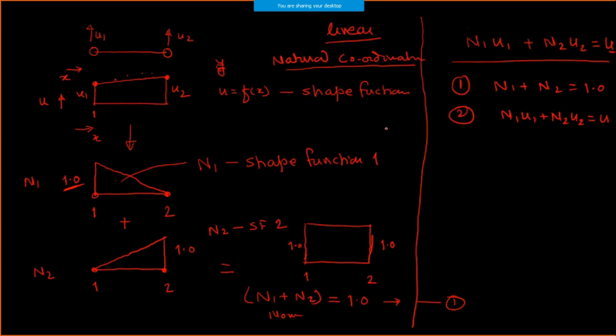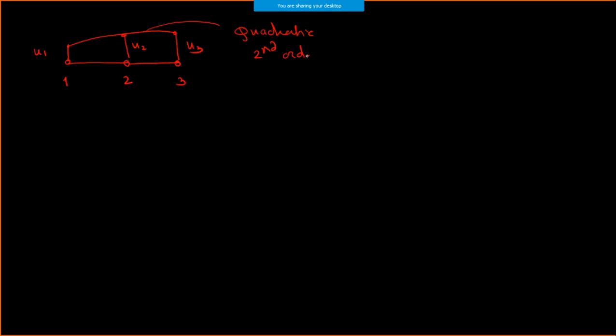Similarly, if I'm going to have a three noded element, this is my first node, this is my second node, and this is my third. I will have displacements here, u1, here my displacement u2, and this is my u3. If I join all these displacements, okay, here I will get a quadratic equation, or I can say a second order equation.